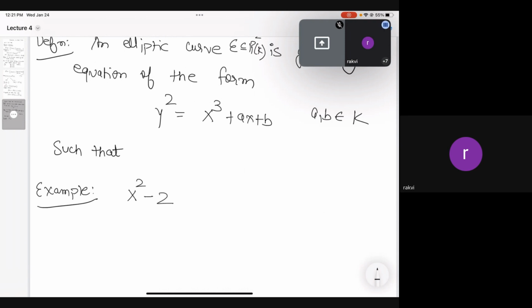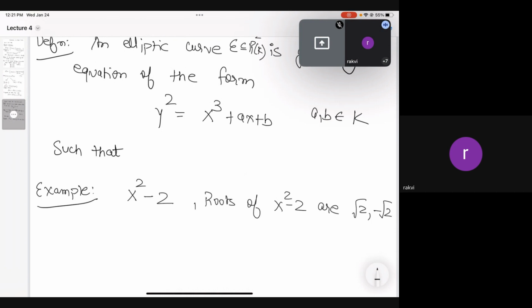This is a polynomial with coefficients in Q, but the roots are square root of 2 and minus square root of 2. These roots are not defined over the rationals, but they are defined over a bigger field, let's say the real numbers in this case.